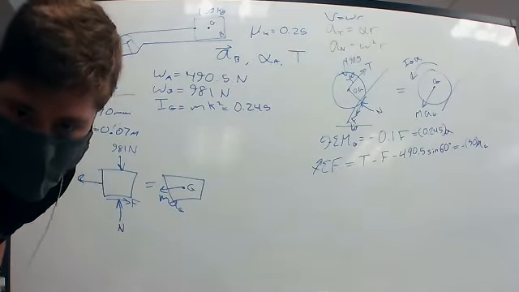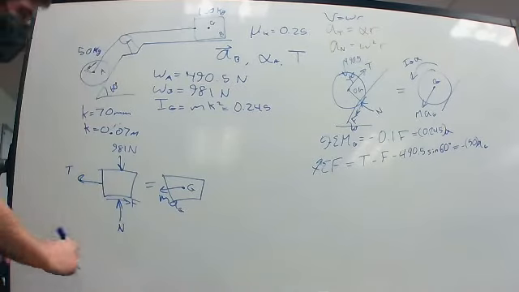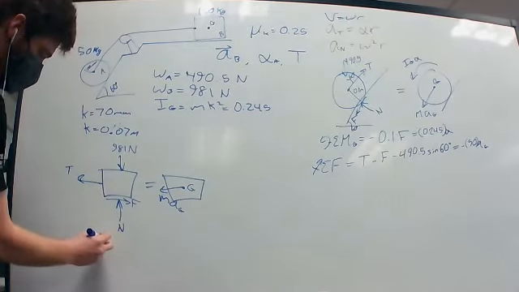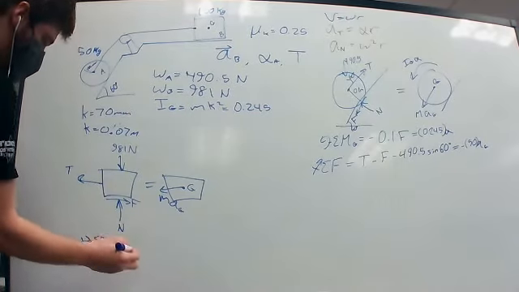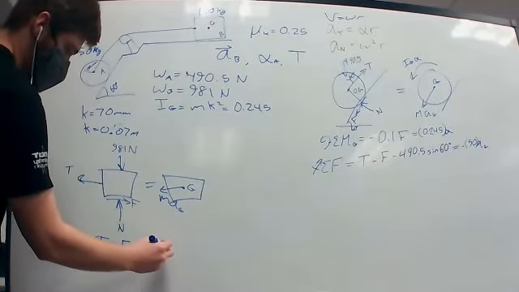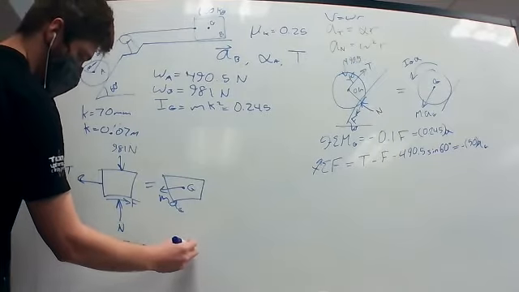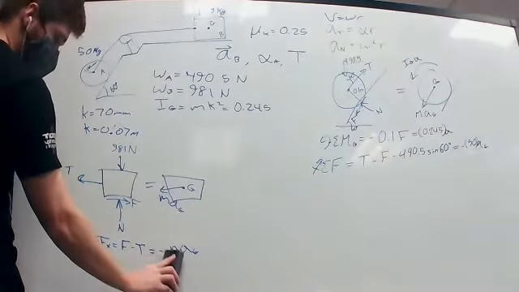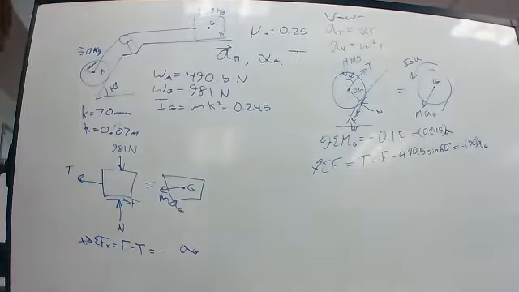So from these diagrams, we can do some of the forces in the X and say F minus T is equal to minus MAG, where we know that M is 100 kilograms here.